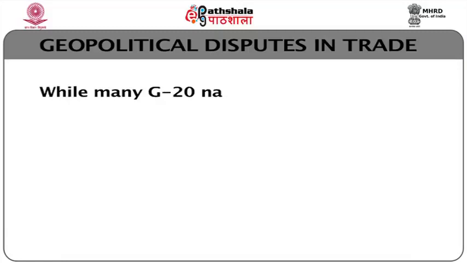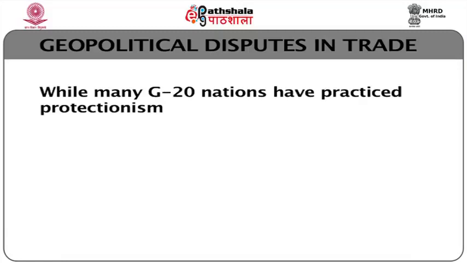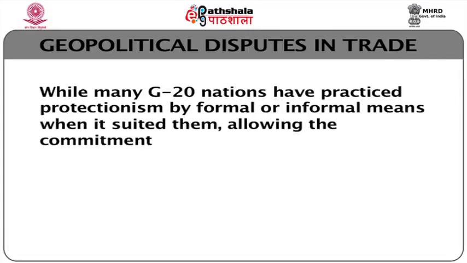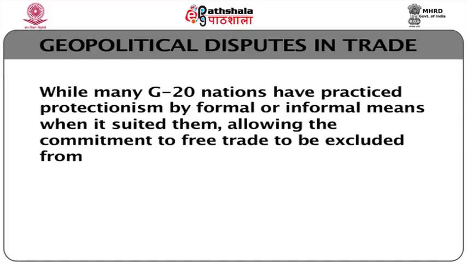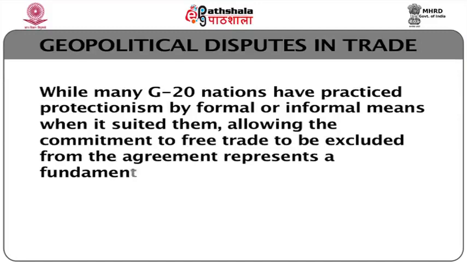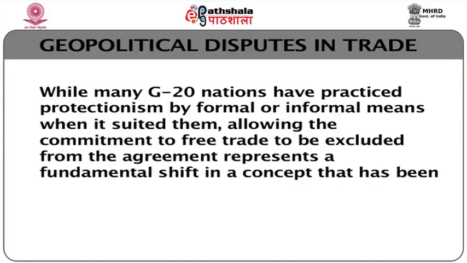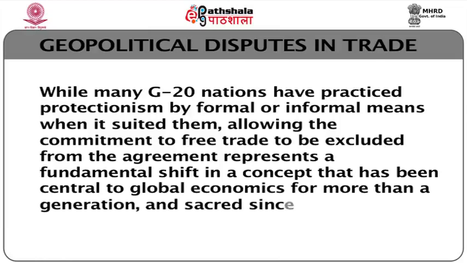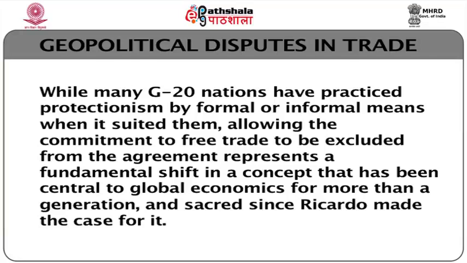While many G20 nations have practiced protectionism by formal or informal means when it suited them, allowing the commitment to free trade to be excluded from the agreement represents a fundamental shift in a concept which has been central to global economics for more than a generation and sacred since Ricardo made the case for it.